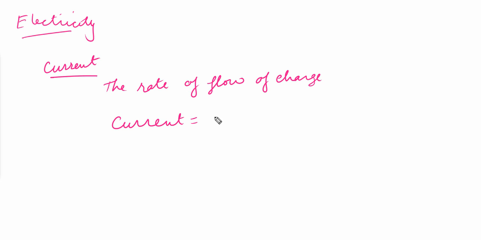So by definition we can say that current is the rate of flow of charge. The rate of flow of charge is current. So we can say that current is equal to charge divided by time.